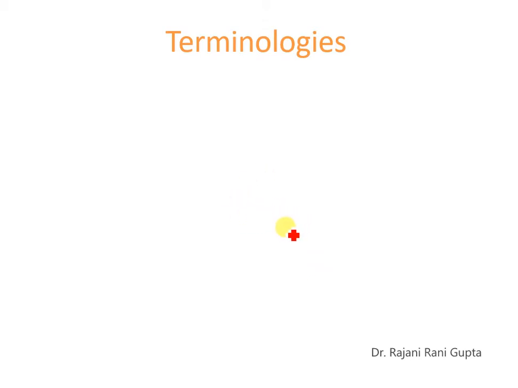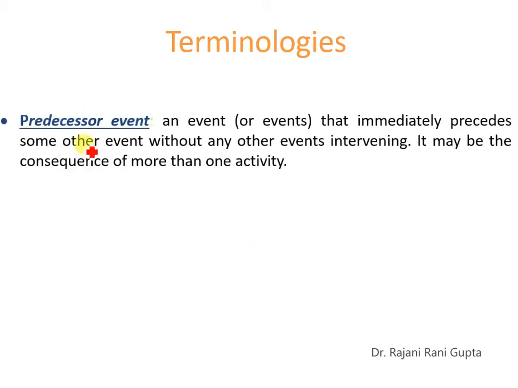Now we'll talk about the terminologies that we are going to use. We call a predecessor event an event that immediately precedes some other event without any other events intervening. It's the same as what we used in CPM. It may be the consequence of more than one activity.